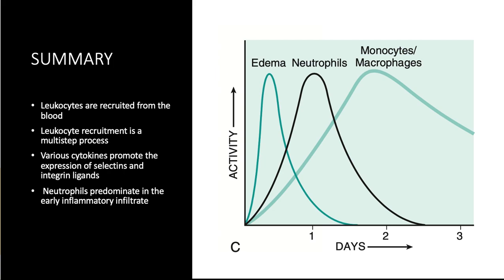Tissue macrophages and other cells responding to the pathogens or damaged tissue produce many of these cytokines. Neutrophils predominate in the early inflammatory infiltrate and are later replaced by monocytes and macrophages.